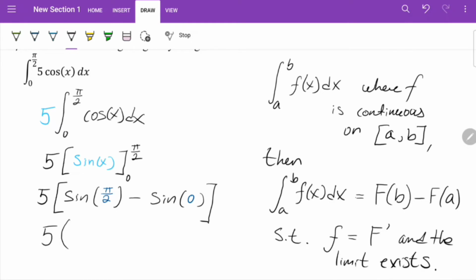Five, we can use parentheses now. Sine of pi over 2, that's 1. Minus sine of 0, that's 0. 5 times 1, 5. That's your answer.